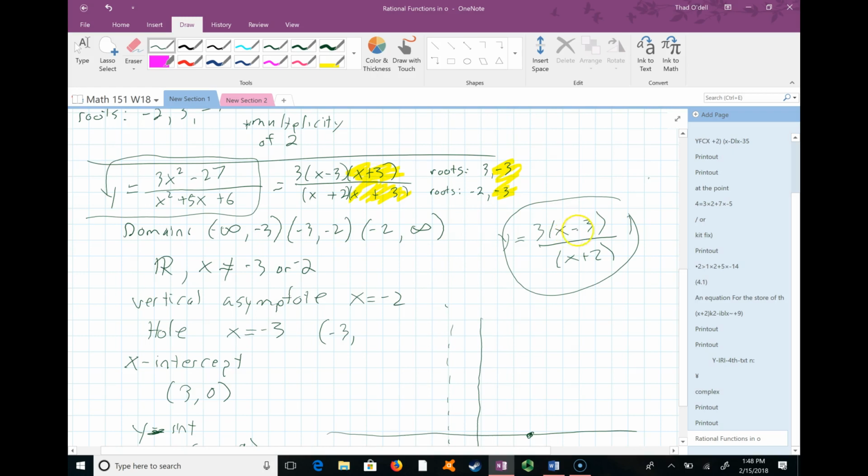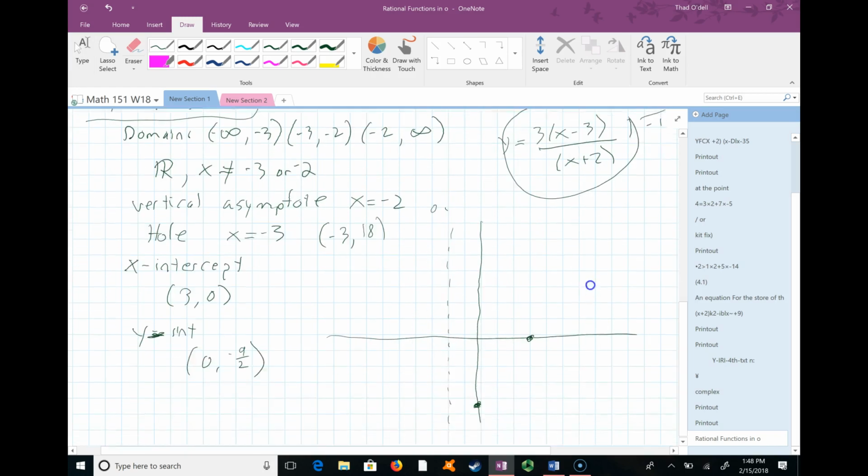So I plug -3 in there, and I get 3 times -6, which would be -18, and plug a -3 in there, and I get -1. So this would be 3, 18. So that means I have a hole way up here somewhere. Okay?